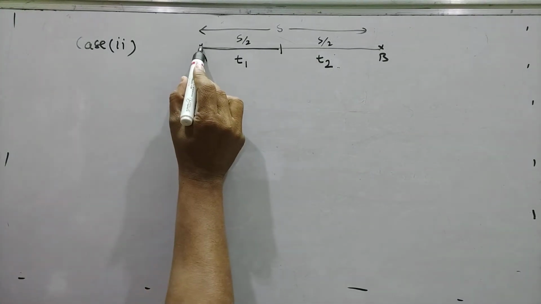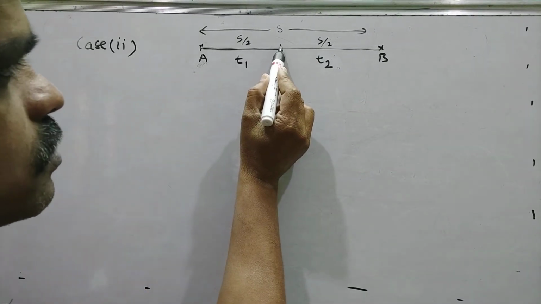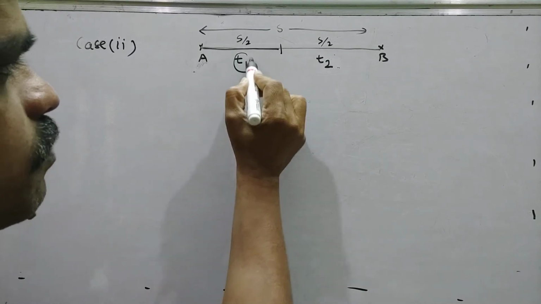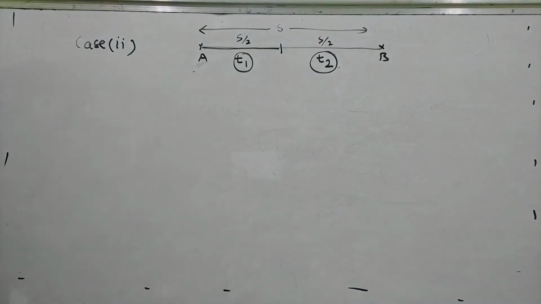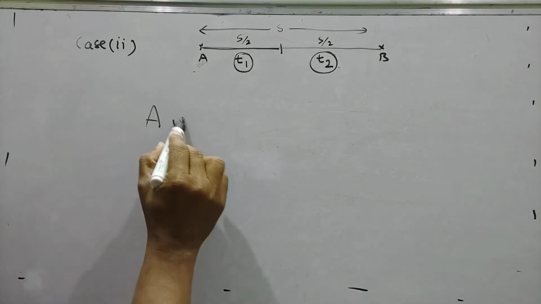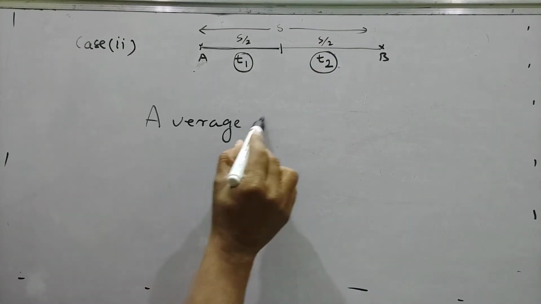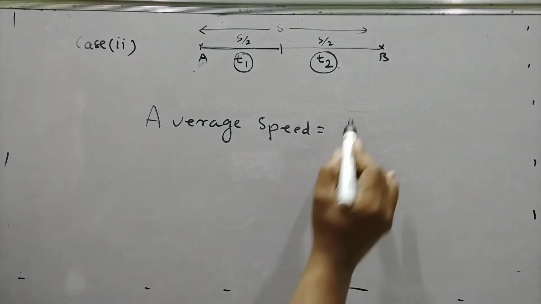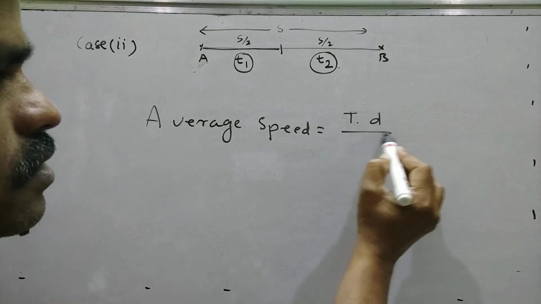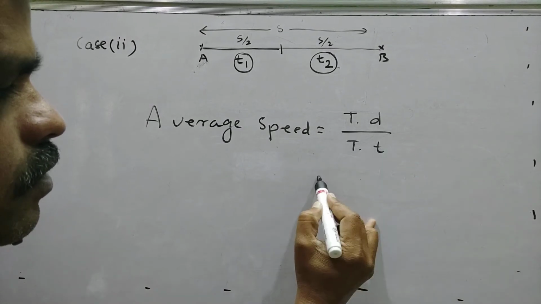For example, a car travels S by 2 distance, half of the distance, with time T1, and the next half of the distance with time T2. In this case, average speed equals total distance by total time.